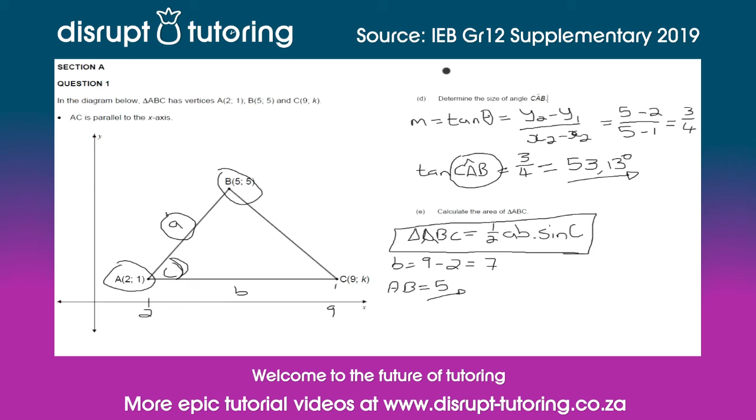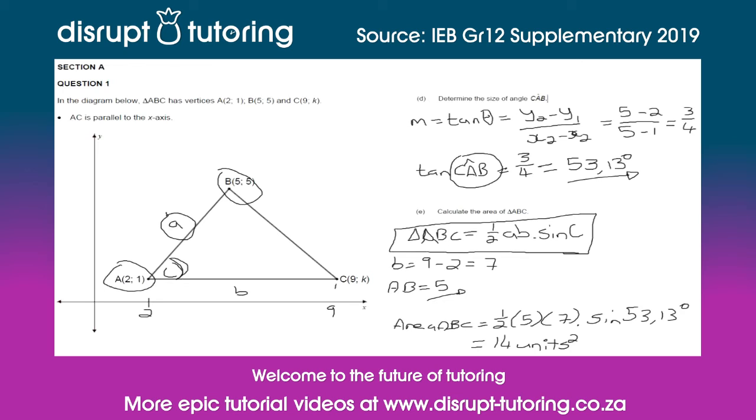It's not very neat, but we'll now know that the area of ABC should equal a half times 5 times 7 times the sine of 53.13, which we calculated in D. Put that all in your calculator and I get that it equals 14, and we don't have measurement units, so we'll just call it units squared, because remember, area is a square.